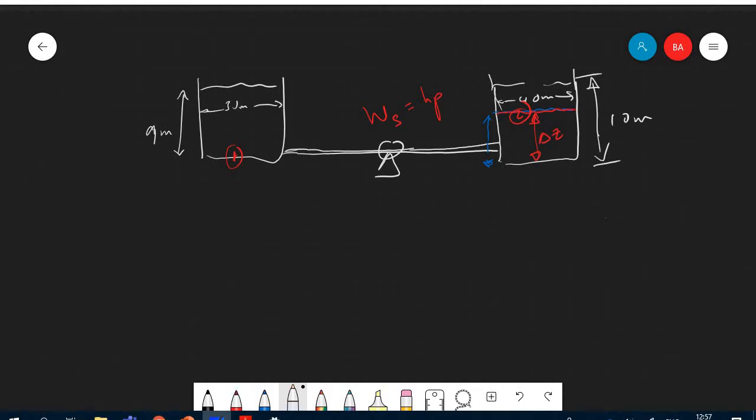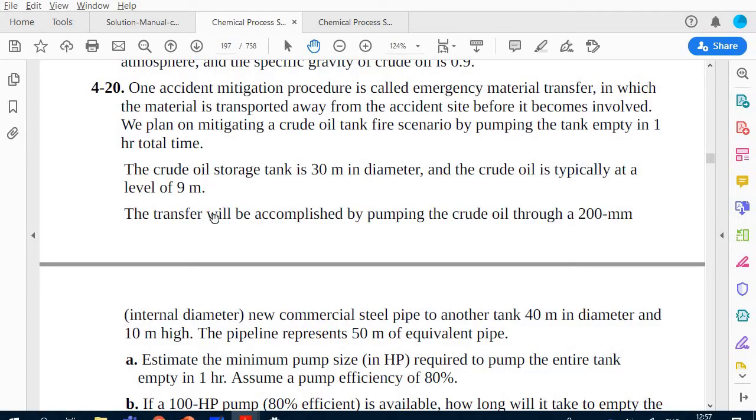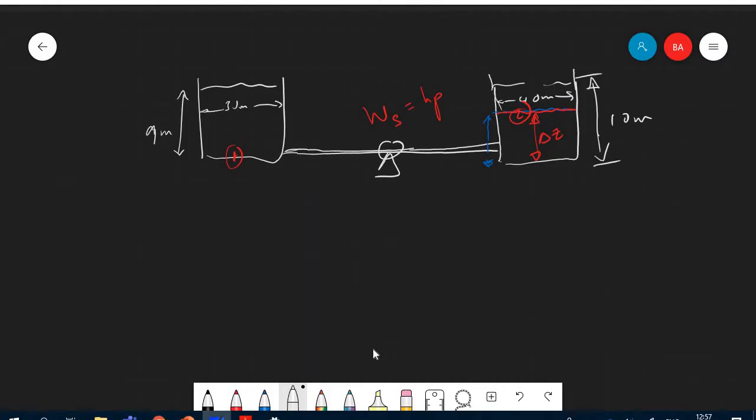No, I'm just trying to understand. The transfer will be accomplished through a 200 millimeter pipe and it's 50 meters, so I need to write that.